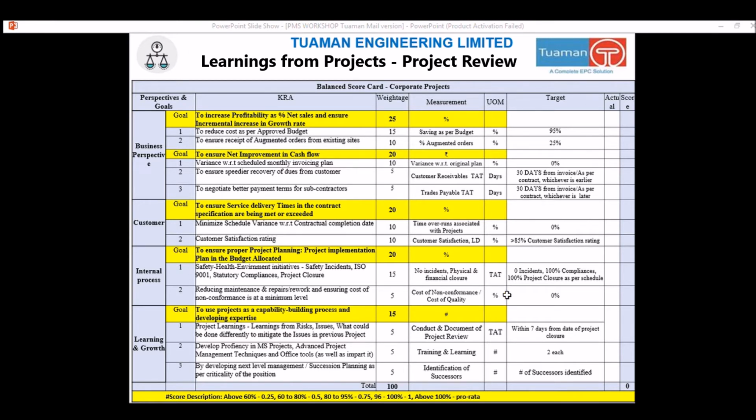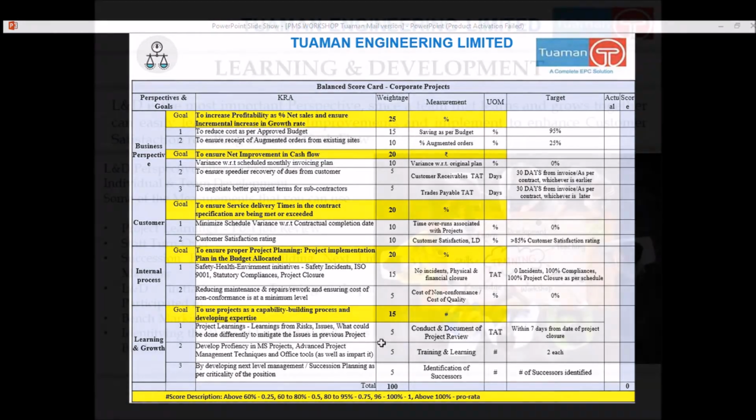Unit of measurement is turnaround time, and the target is within 7 days from the date of project closure. So my learning and development perspective could have project learnings, developing myself, or third, developing next level management.